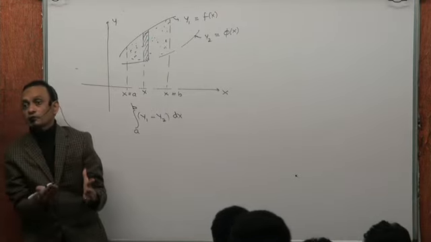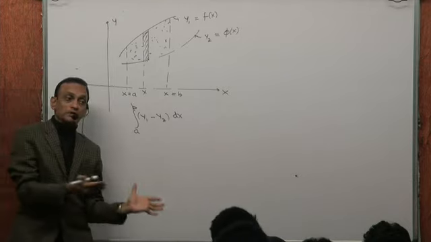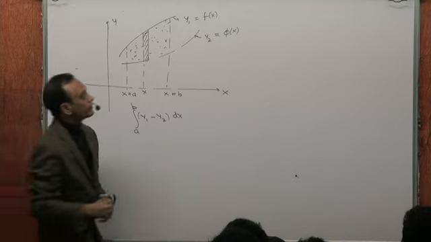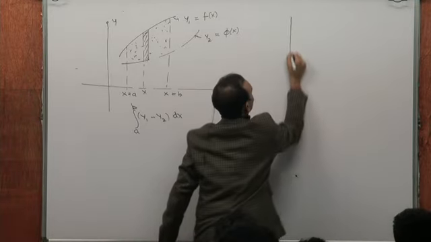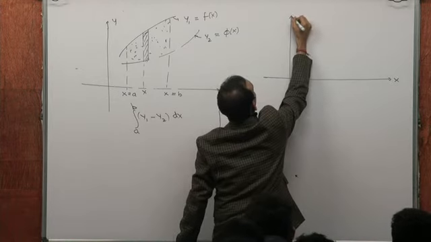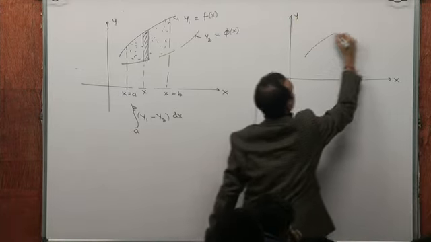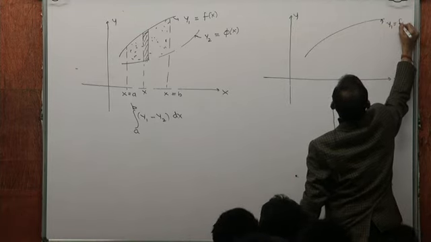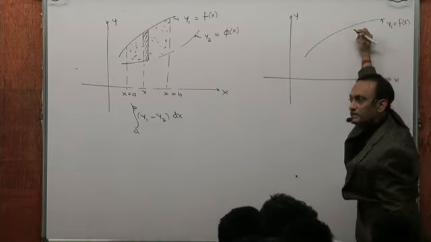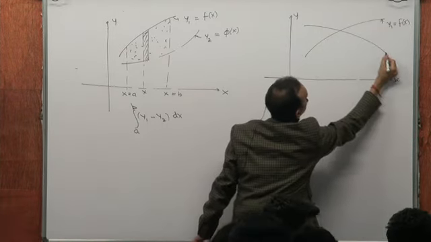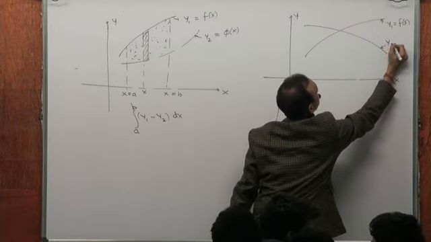These are two curves that are not intersecting between a and b. But there could be two curves that might actually intersect between a and b. Say for example, this is y1 equal to f(x), right? And say this curve is y2 equal to phi(x).